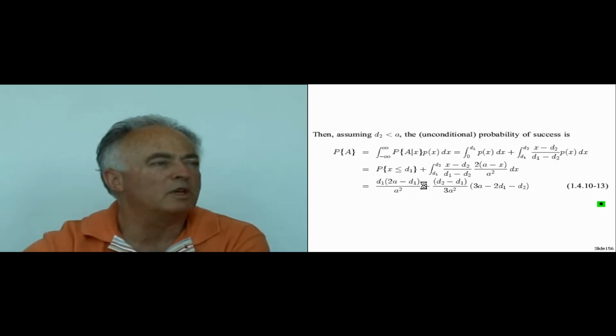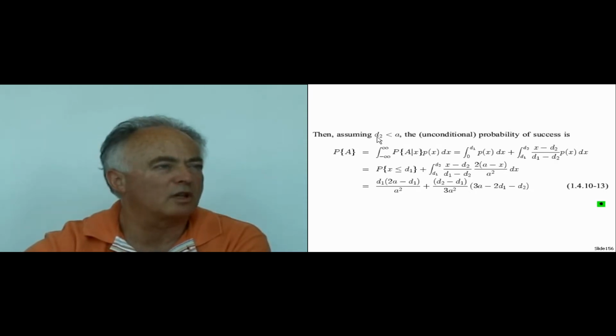Now, assuming d2 less than a, the unconditional probability of success, P of A, is the integral of P of A given x, px dx. And this is the integral over the miss distance from 0 to d1. That's where the probability of the event A is unity.